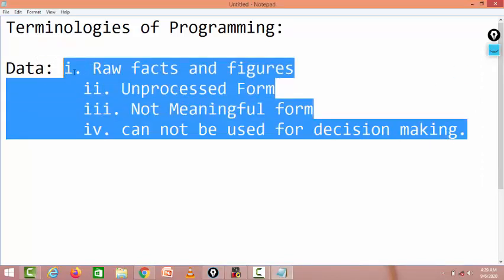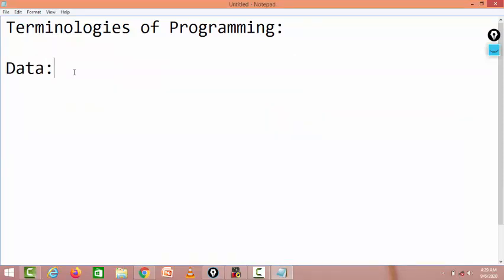Okay. If we discuss the types of data, there are basically 3 simple types of data that we will discuss in this lecture. The first type is integer data.